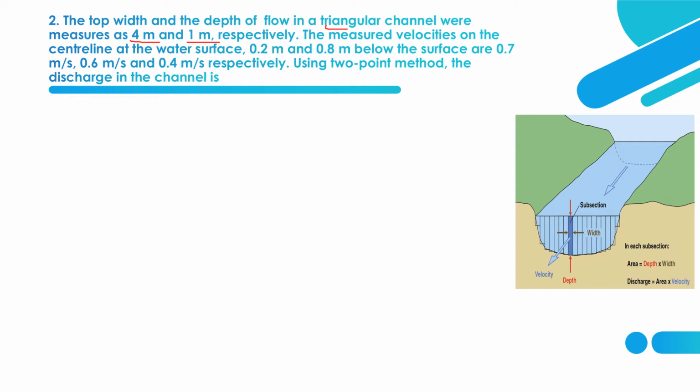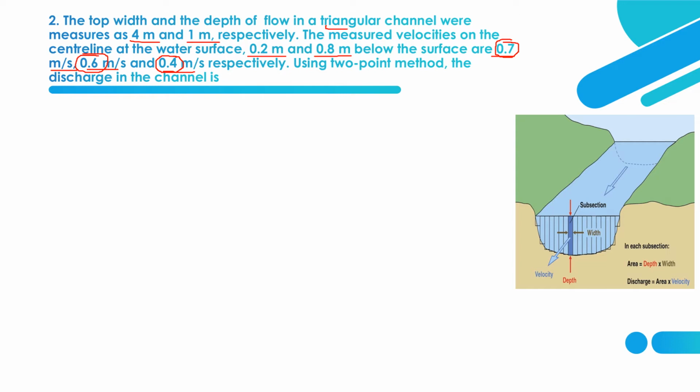The measured velocities on the center line at the water surface, at 0.2 meter and at 0.8 meter below the surface are 0.7 meter per second, 0.6 meter per second, and 0.4 meter per second. That is, at the surface the velocity was 0.7, at 0.2 meter below the surface 0.6 meter per second, and at 0.8 meter below the surface 0.4 meter per second respectively.